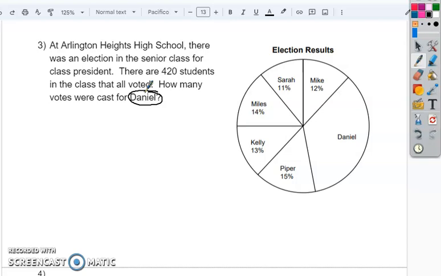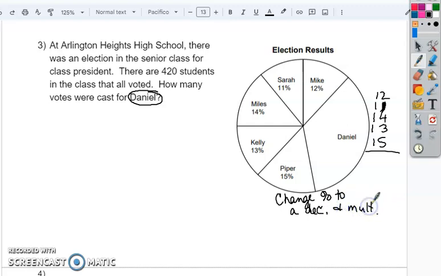Okay? So, hopefully you know we would add all of these sections, right? And then we would subtract that from 100. We have to see how close this is to 100 and get the percent. Then we change the percent to a decimal and multiply.